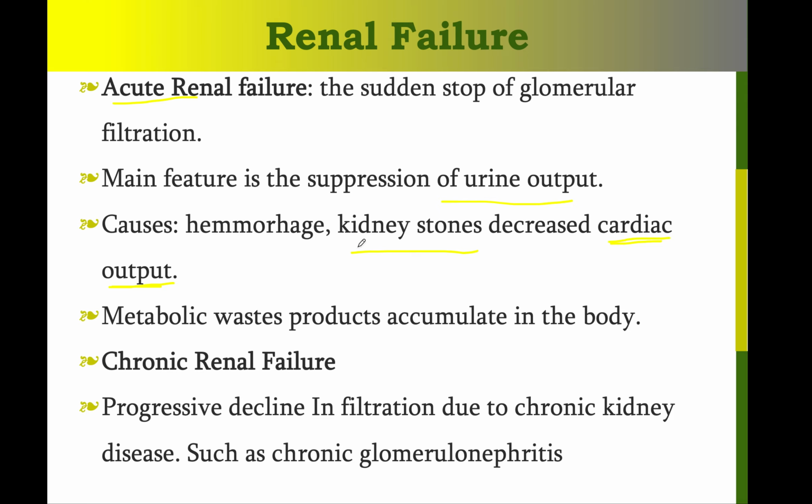There are many reasons that cause that, and it is checked by the urea BUN level and creatinine level in the blood. Chronic renal failure is when the person has a chronic disease that eventually will fail the kidneys, like chronic glomerulonephritis.